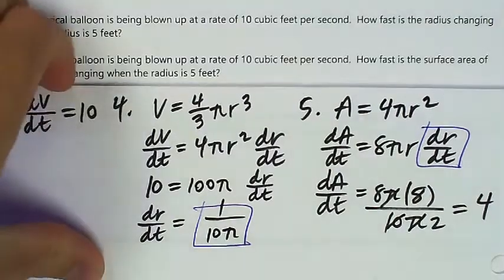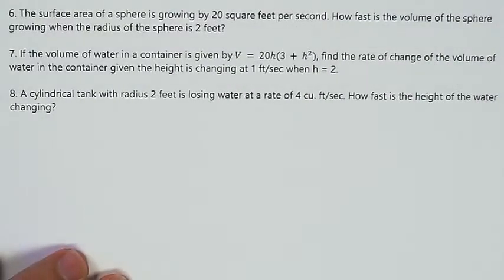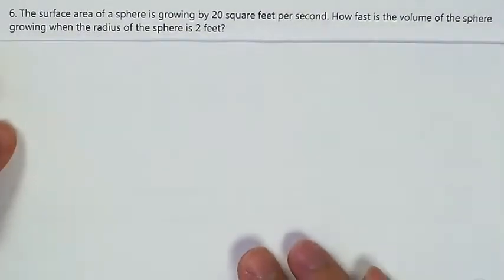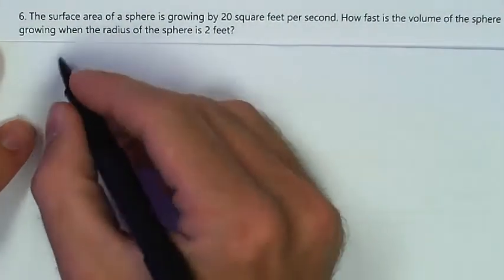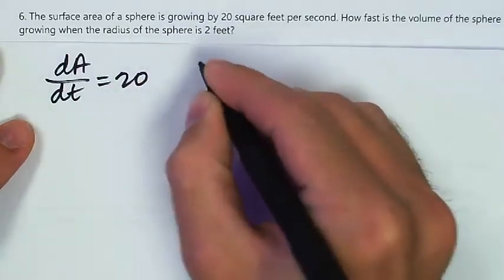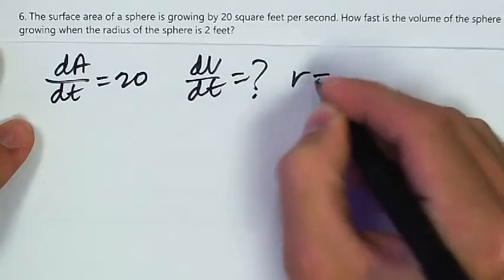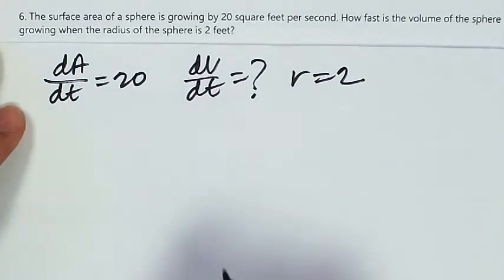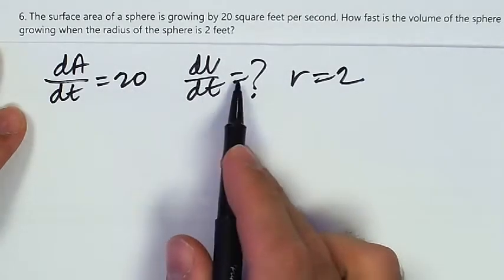All right. Number 6, the surface area of a sphere is growing by 20 square feet per second. How fast is the volume of the sphere growing when the radius is 2? Okay, so I've got dA/dt equals 20, dV/dt equals what?